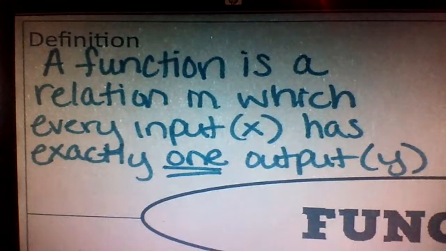Okay, so it is a type of relation. Kind of like a square is a type of rectangle. In order for a relation to also be a function, every x value, every input has to have exactly one output. Every input has to have exactly one output.